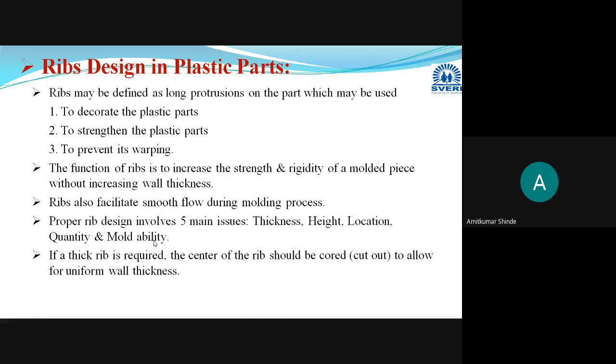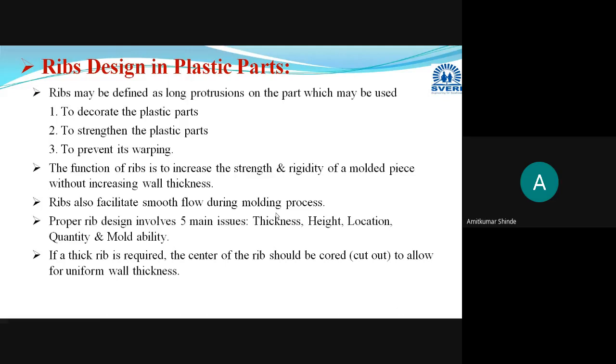Okay, depending on these five factors, the design of the rib is done. First point you have to take into consideration is the thickness of that rib, then height of the rib, then its location, then its quantity, and how to improve the moldability with the help of this rib.